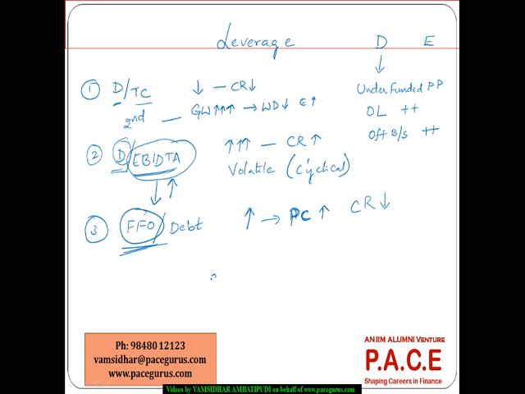And what we generally see is the credit rating agencies specify some kind of percentages for each credit rating. Okay, if I am talking about a AAA credit rating, what should be the traditional debt to EBITDA ratio?